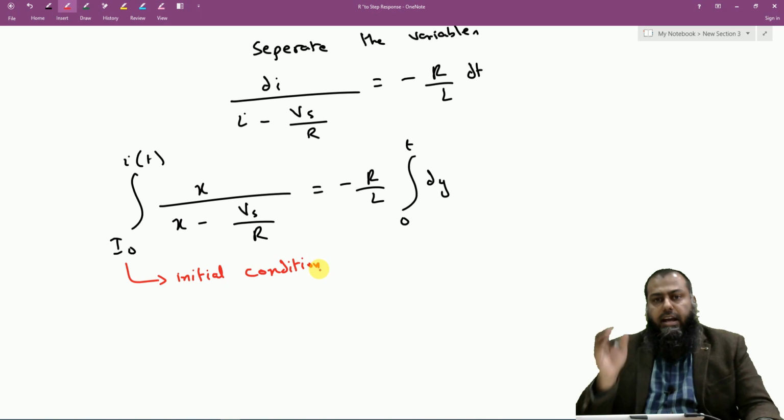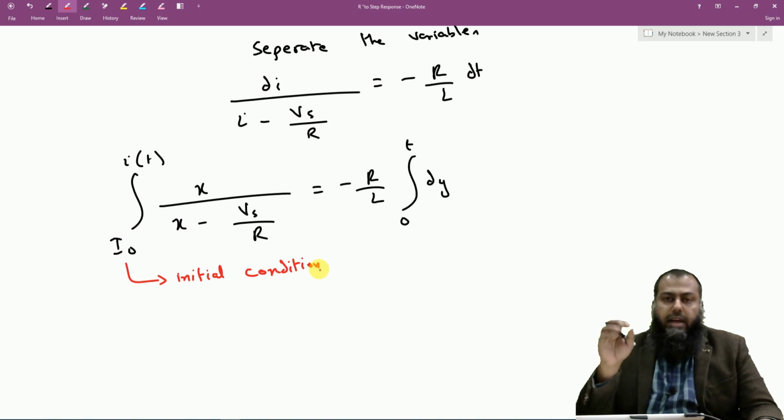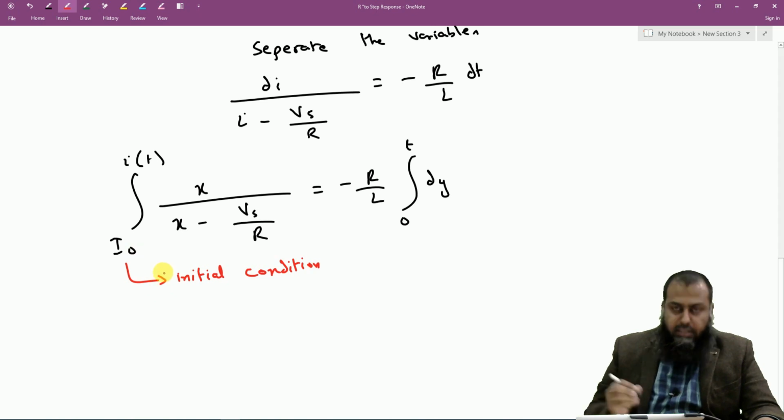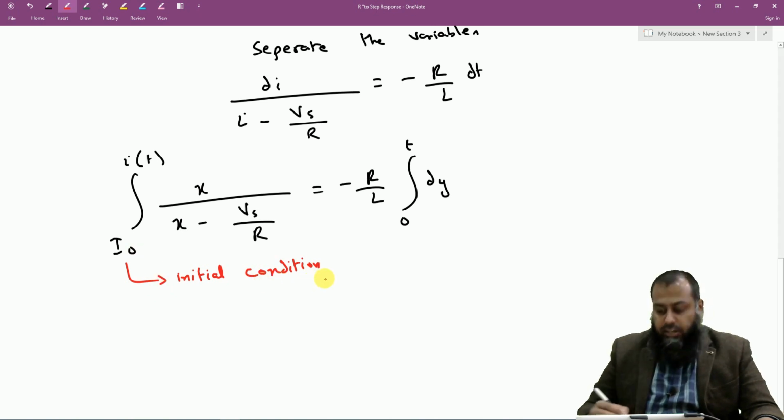But to make a general approach to solve any circuit, whether or not we have some current flowing through the inductance, we need to specify this I naught as the initial condition, or the initial current flowing in the given circuit.